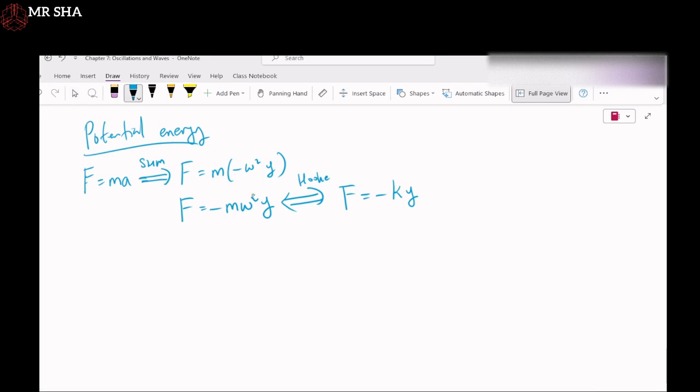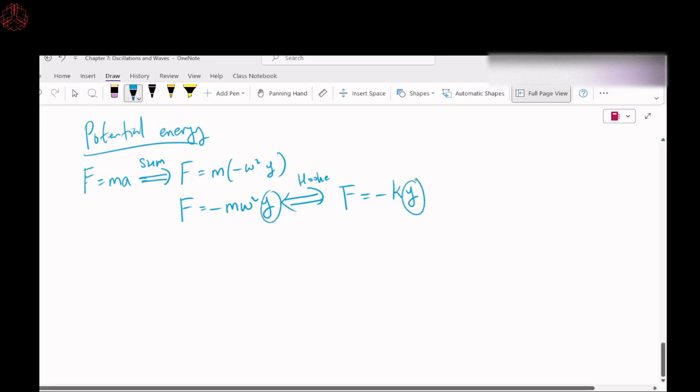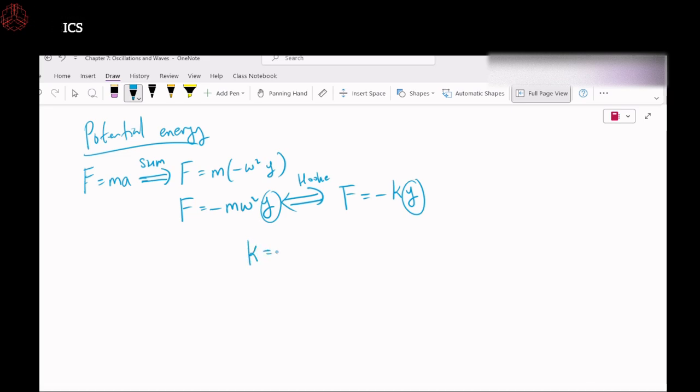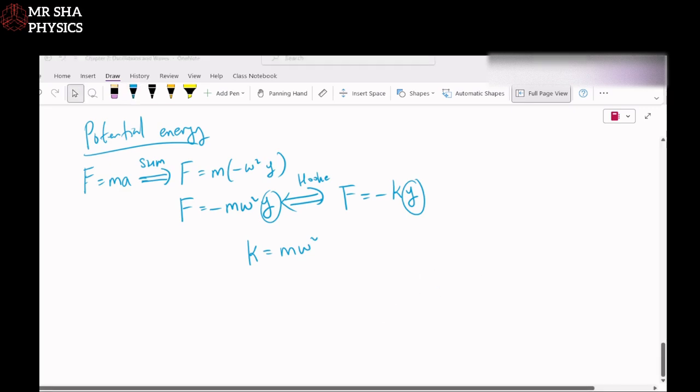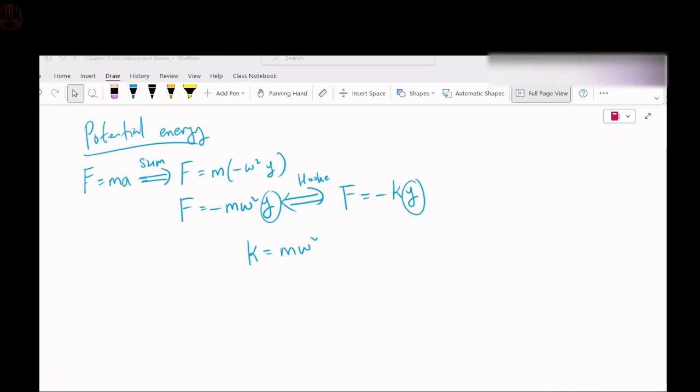Now, if I compare between them, I have y here and y here. The negative cancels out, and I'm left with k equals m omega squared.